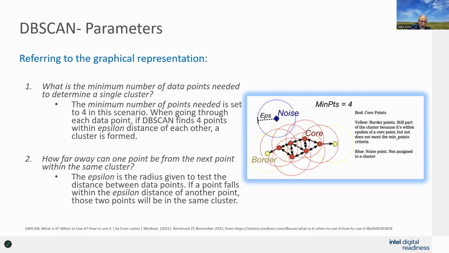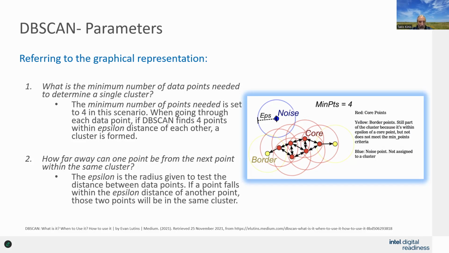So when going through each data point, if it finds 4 points within an epsilon distance, a cluster is formed. And as you can see with some of these down here, this data point has a circle going around it, and you'll notice that there are 4 data points inside of its circle, right? So they make sense to be clustered together.